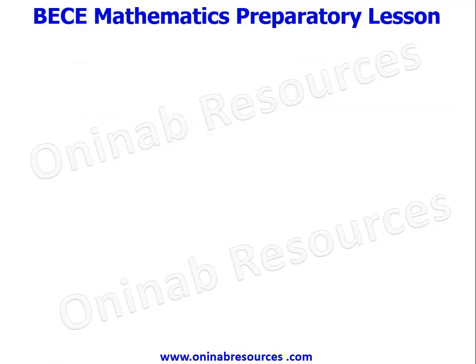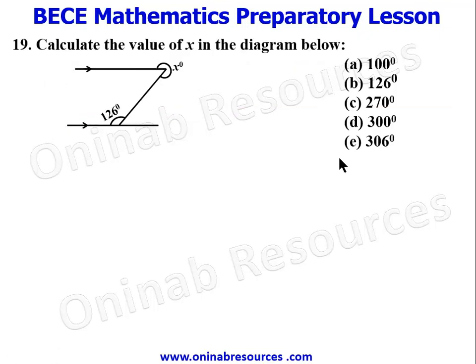We go to problem 19. For problem 19, calculate the value of x in the diagram below. Now to do that, we need to calculate this angle, which is alternate to this angle, since these are parallel lines.